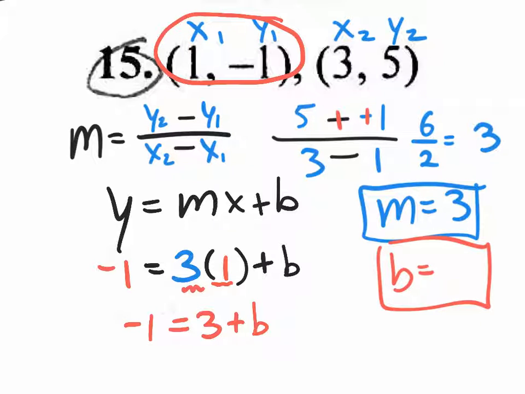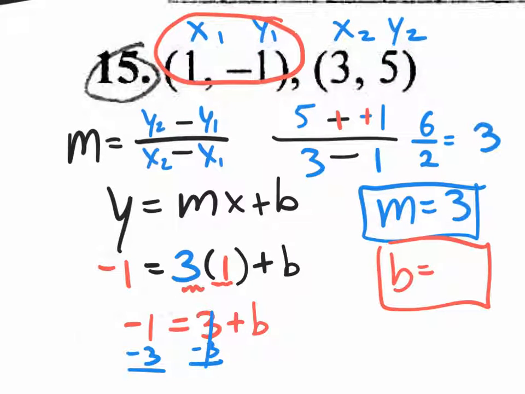You don't want 3 plus b. You just want a b all by itself on the right side. So I'm going to subtract 3, subtract 3. So b equals what? Negative 4. So b equals negative 4. And you take that b value of negative 4, and you're going to use that b and that m and plug it all into y equals mx plus b.